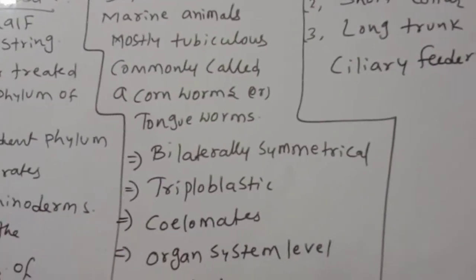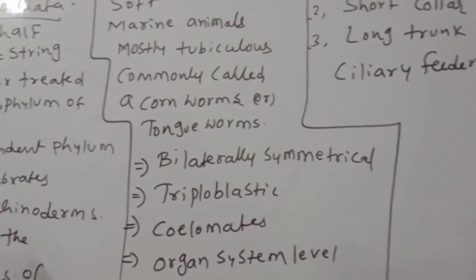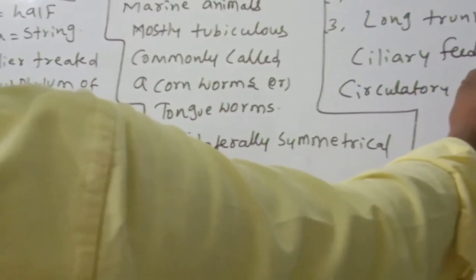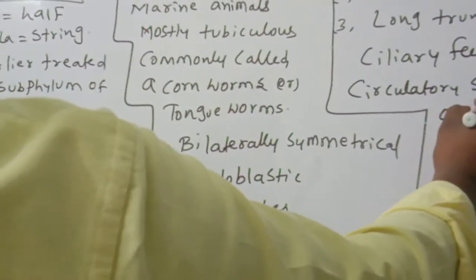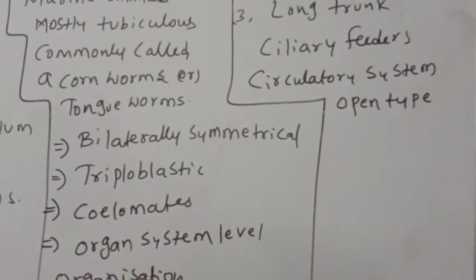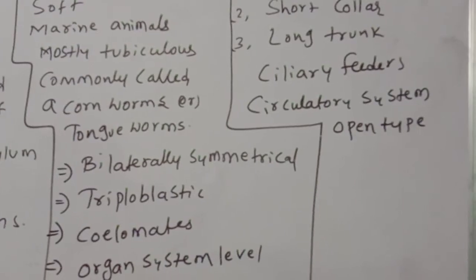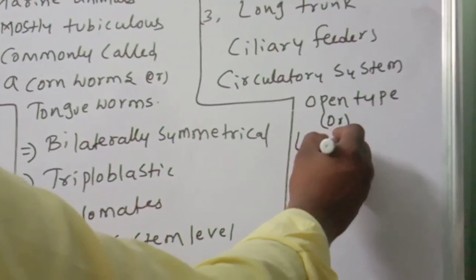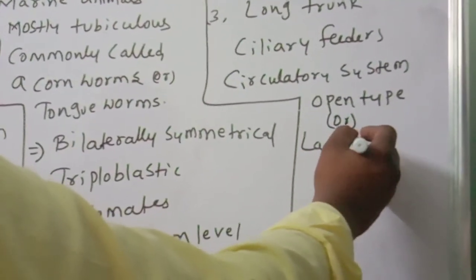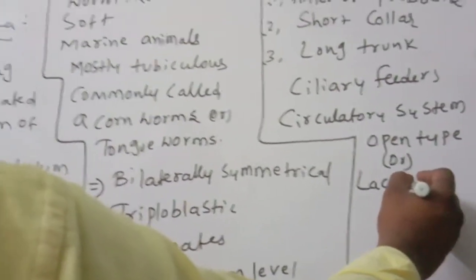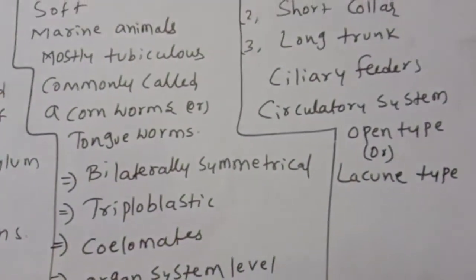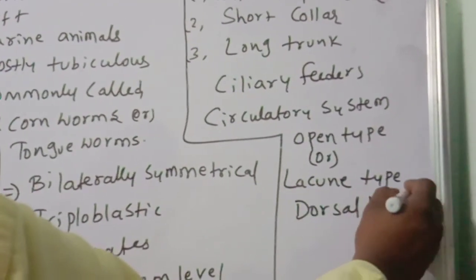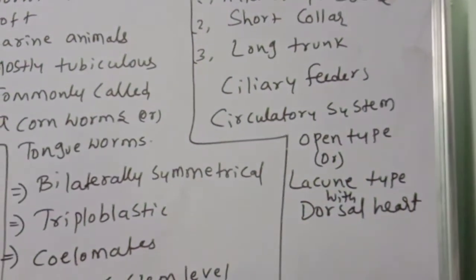Next, their circulatory system is open type or lacunar type. Blood doesn't flow in blood vessels; special arrangements are there, that's why it is called lacunar type. This point you should remember. They have a dorsal heart.